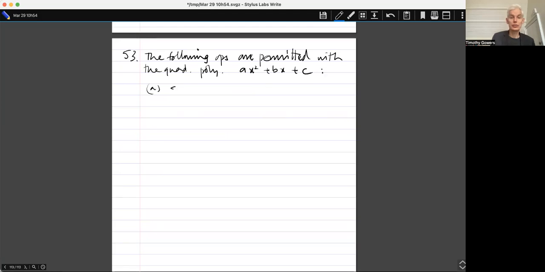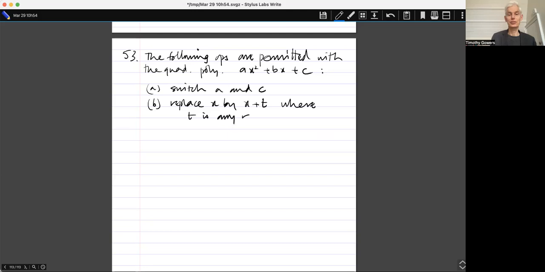A, switch a and c. B, replace x by x plus t, where t is any real. I quite like the sound of this so far, but what's the question going to be?